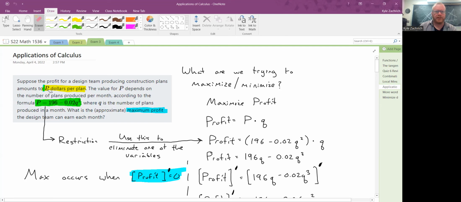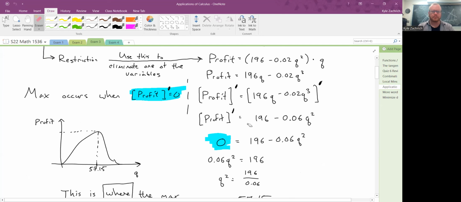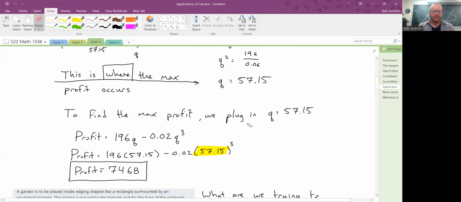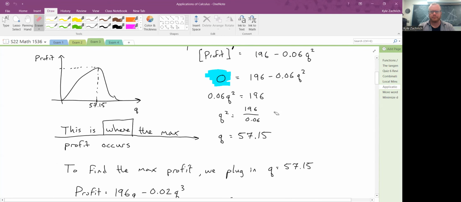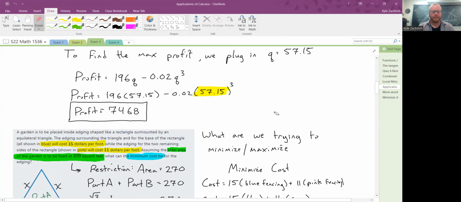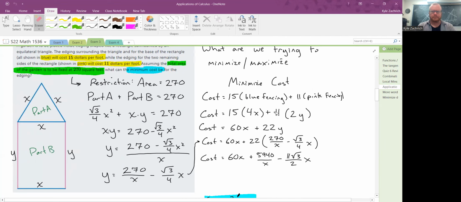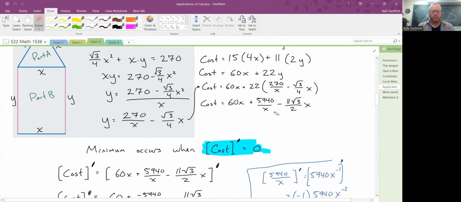This was the amount of profit per plan, so we needed to multiply it by Q. But once we did that, we take the other information, use that to get rid of one of the variables. In this case, we got rid of capital P. Set the derivative equal to 0, find the maximum.